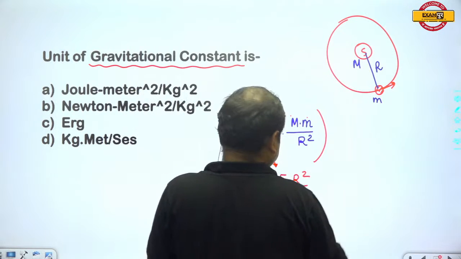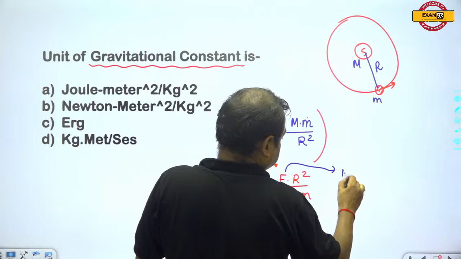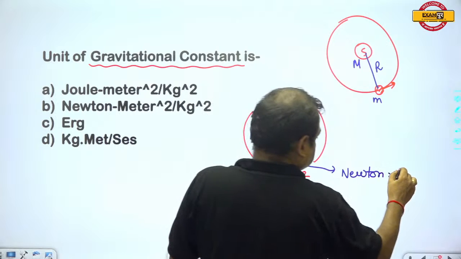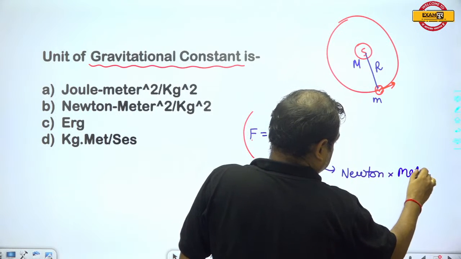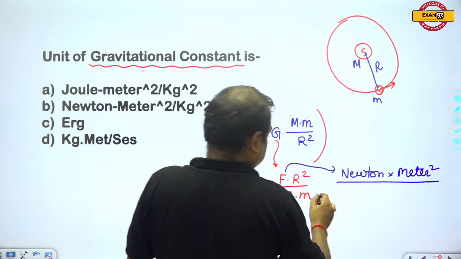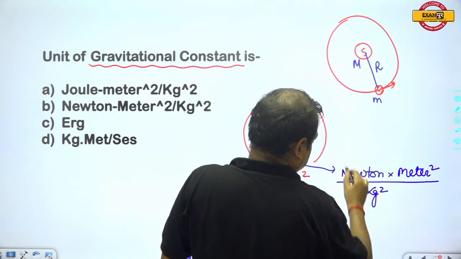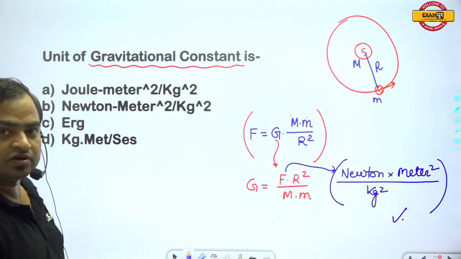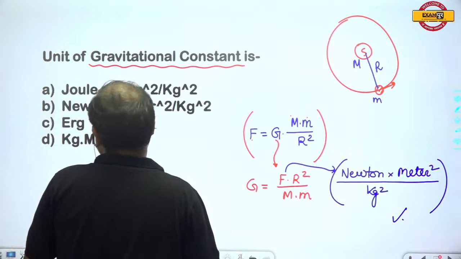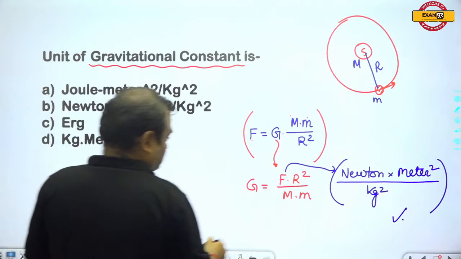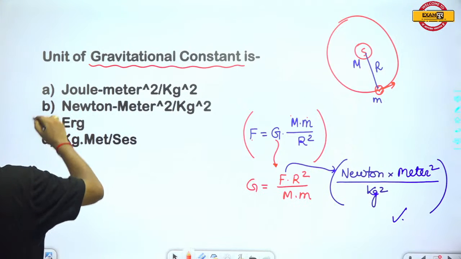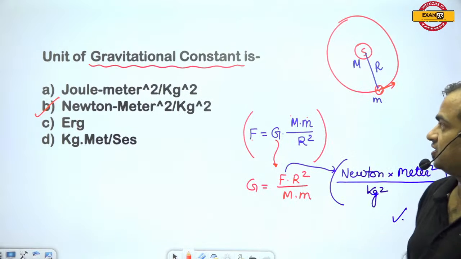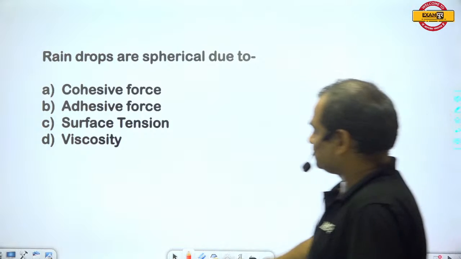The unit of force is Newton, r means meter square, and the masses give kilogram square. So Newton into meter square per kilogram square is the correct answer. B for Bombay is the correct answer.